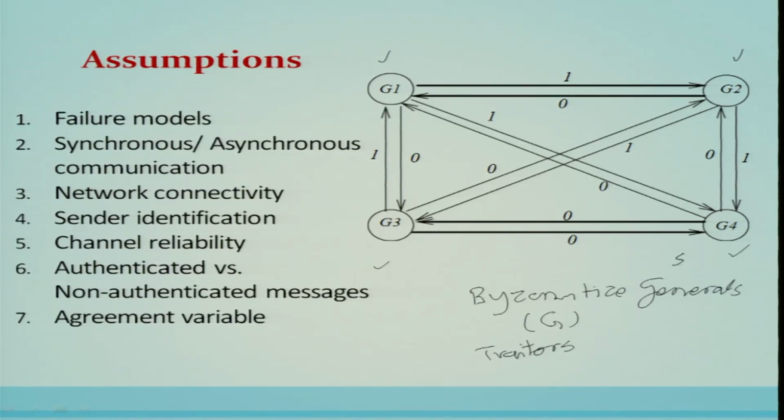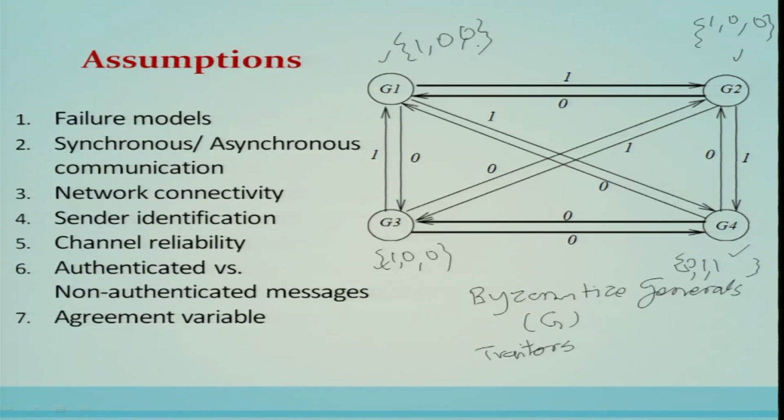Let us assume that after the set of message exchanges, G4 will receive the messages 0, then 1 and 1, and G3 will receive the messages from the other generals as 1, then 0 and 0, and G2 will receive the messages as 1, then 0 and 0, and G1 will receive the messages as 1, then 0 and then 0.